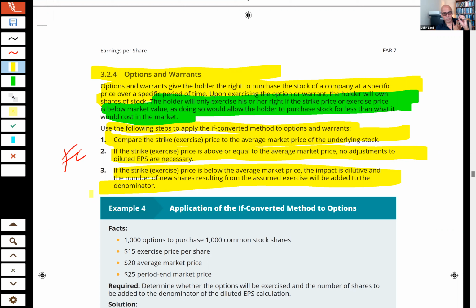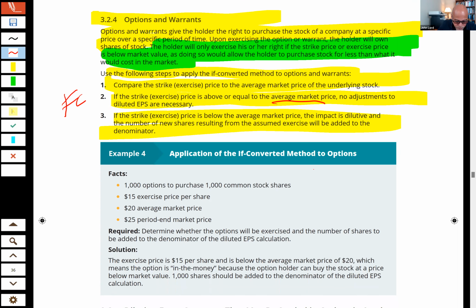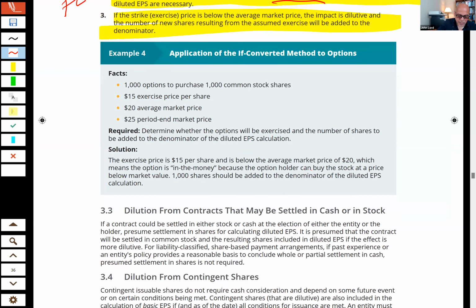So we only do this calculation if the exercise price is less than the average market price. And be careful, guys, it is the average market price. As additional money comes in, we won't have enough money to buy back all of the shares, and therefore it will be dilutive as we pretend that those options were exercised.